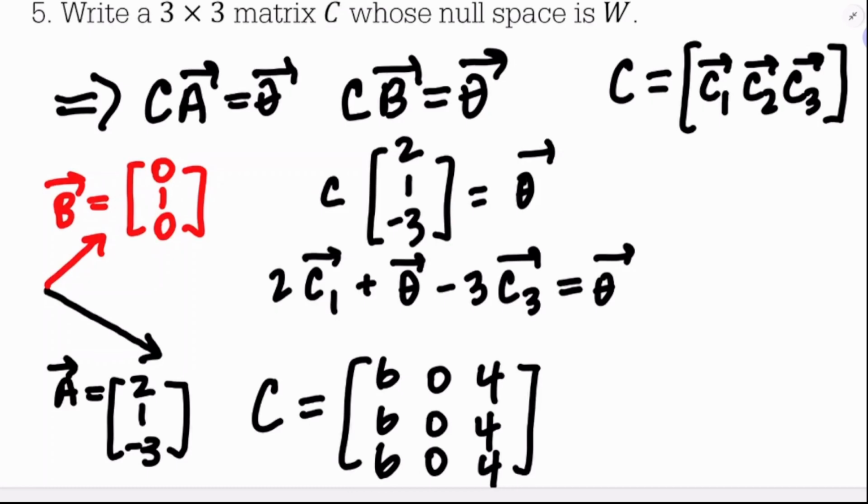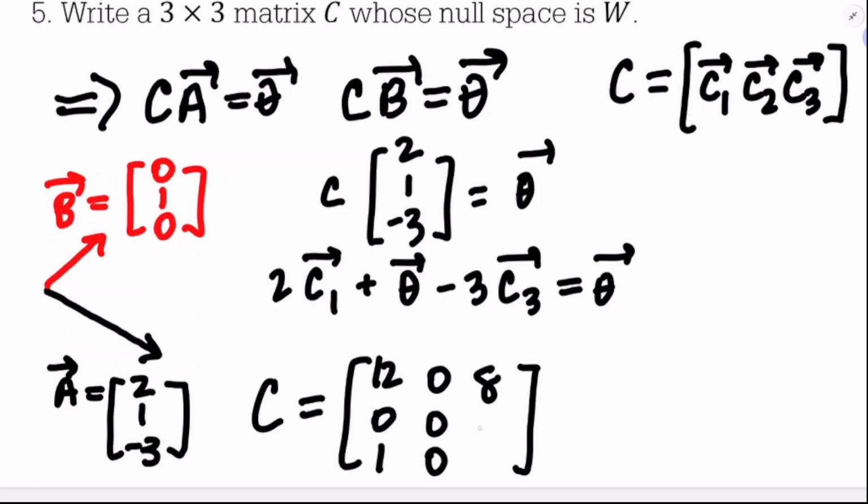But it wouldn't have to be like that. It could be 3, 3, 3, and 2, 2, 2. Or it could be something else altogether, like 12, 0, and 1 there. But then we would need to make sure 2 of C1, that would be 24 minus 3 eighths is 0.